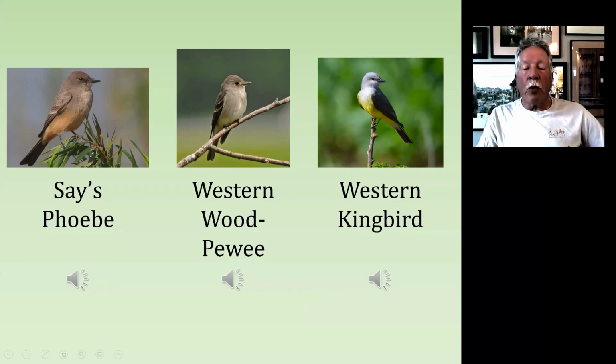But again, these birds are born with their songs, so pretty much every Western kingbird sounds like every other Western kingbird. Unlike the sparrows and the juncos we just listened to, which learn and then therefore have a lot more variety in what they're doing.